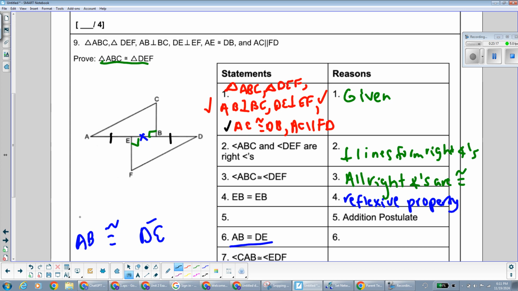So I have AE, and when I think about what I need to add on to AE to get AB, that's EB. AE, stick on EB, we get the full segment AB. And on the other side, we have DB, and we're trying to make DE. So to DB, if we stick on BE, then we make DE.